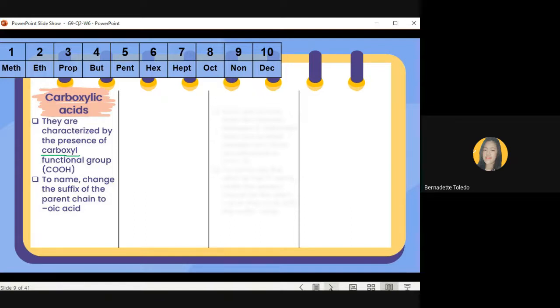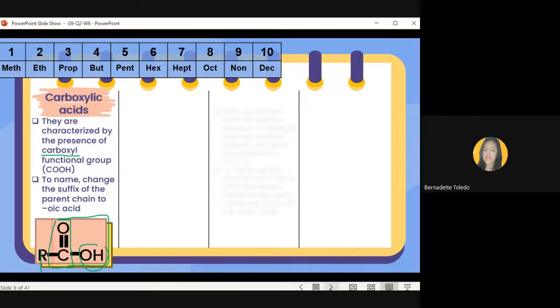Now, this is the general formula of carboxylic acid. So, as you can see here, ang carboxyl group is this one. Yan. Carbon connecting to oxygen with double bond and also connecting to a hydroxyl group. So as you can see, meron siyang presence na characteristics ni aldehyde and ketone and also ni alcohol.